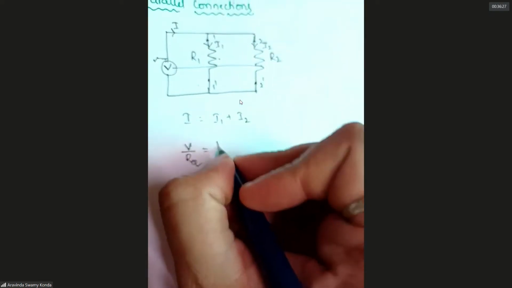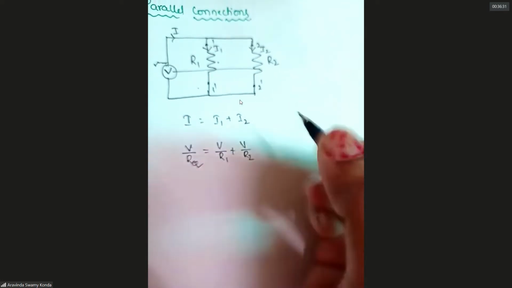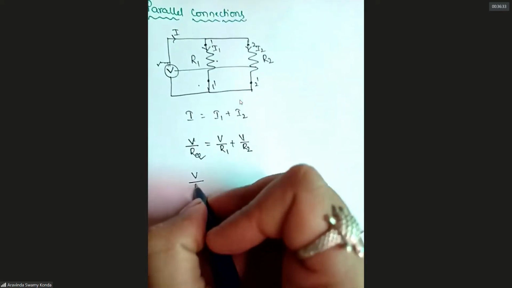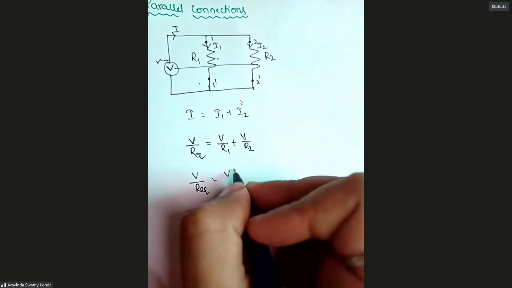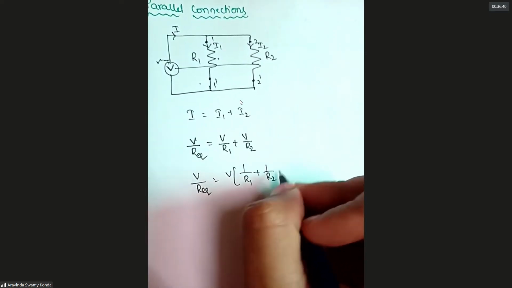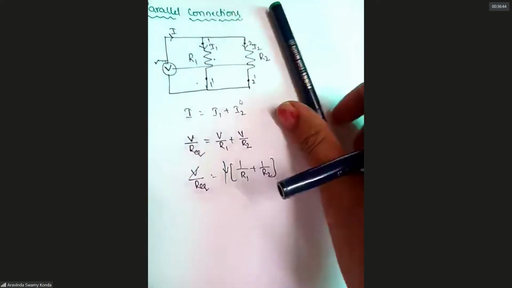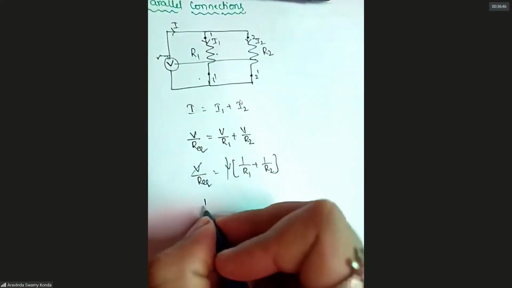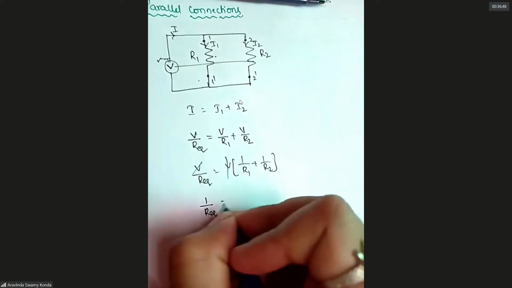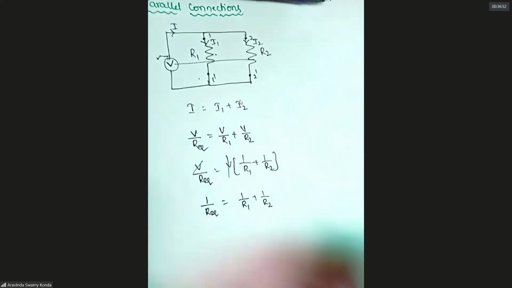So that is V by R1 plus V by R2. We take V common, that is 1 by R1 plus 1 by R2. V gets cancelled. Then 1 by R equivalent equals 1 by R1 plus 1 by R2.